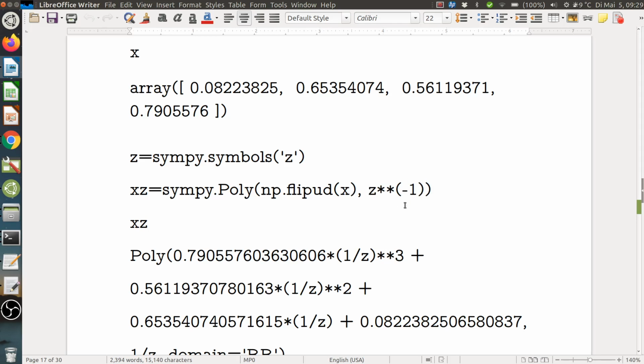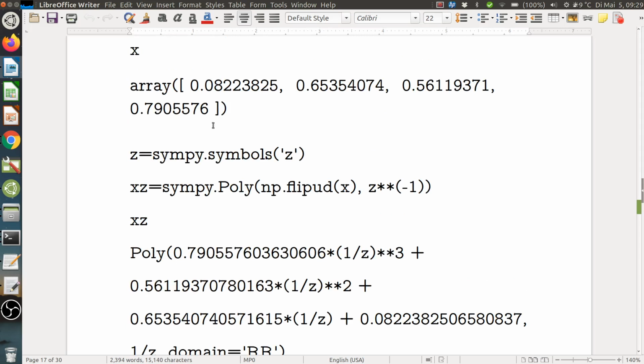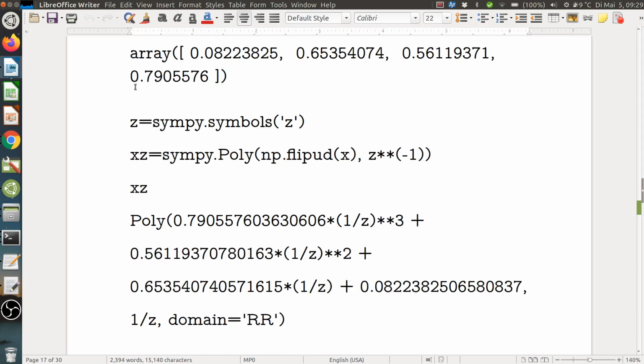So it takes this as the polynomial variable, this sequence as the coefficients, and then turns it into a polynomial. And then we can see what's inside xz by just typing xz. And when you do it in a terminal, it displays the content. So here you can see the content, it's a polynomial. Here you can see the coefficients. So here you can see the last coefficient is first, coming from the flipping, times 1 over z to the third power. So this is also how we would expect it.